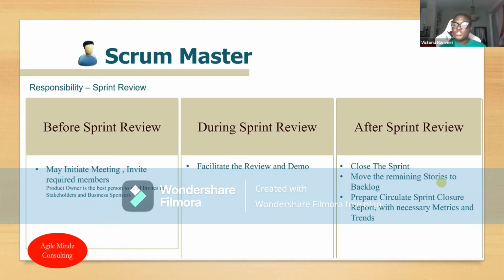Close your sprints, moving stories that need to go to the backlog or to the next sprint. Make sure the product owner understands that feedback is incorporated in the backlog or sprint backlog. Those are some of the activities a Scrum Master does during sprint review.